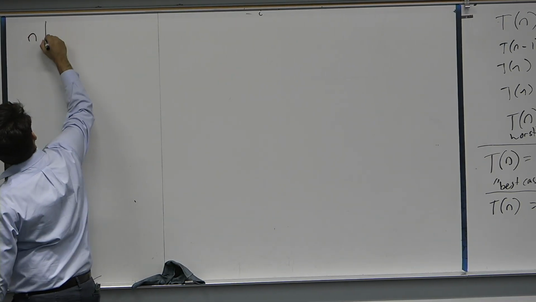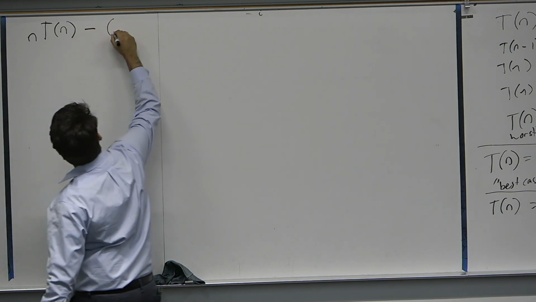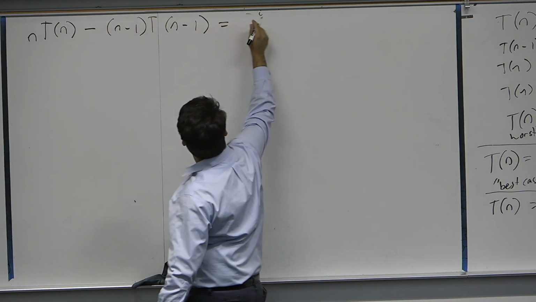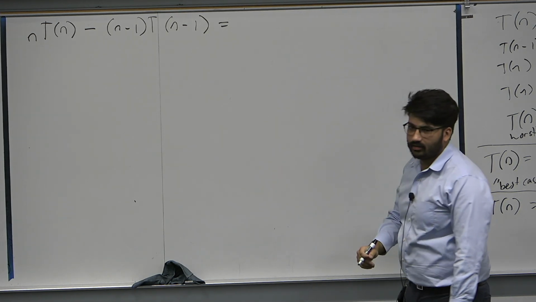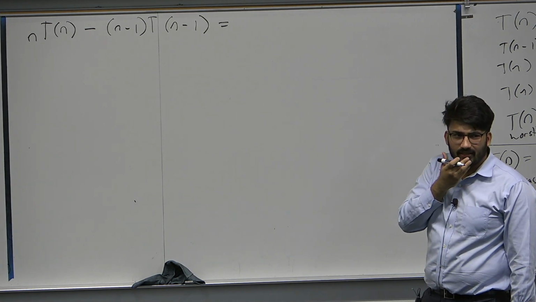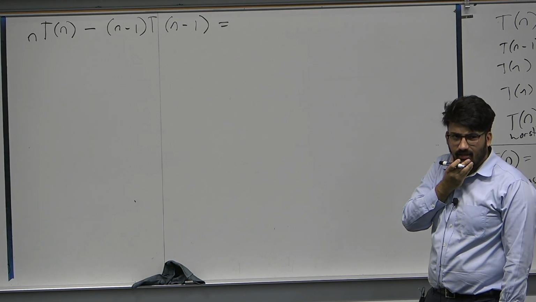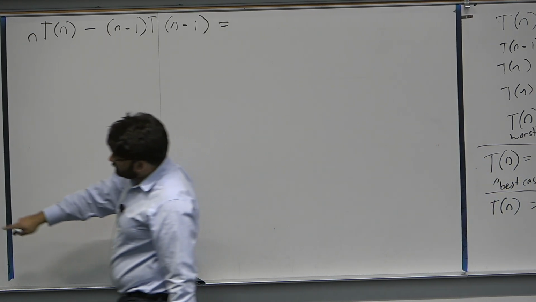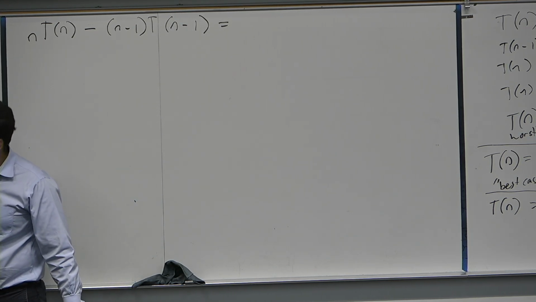n times t of n minus n minus 1 times t of n minus 1 is equal to what? Most of the terms of the sum are the same except what? Yeah, the n minus 1th term of the sum. This whole thing is going to basically cancel out all of that except one thing.